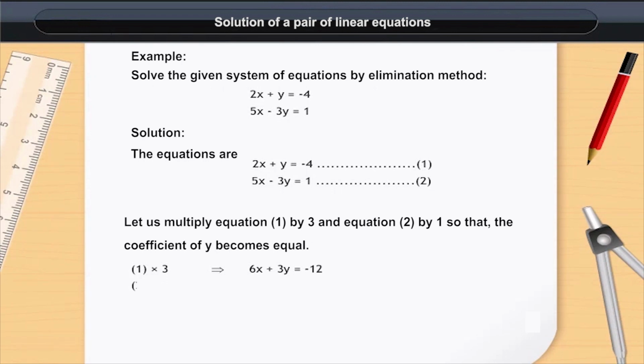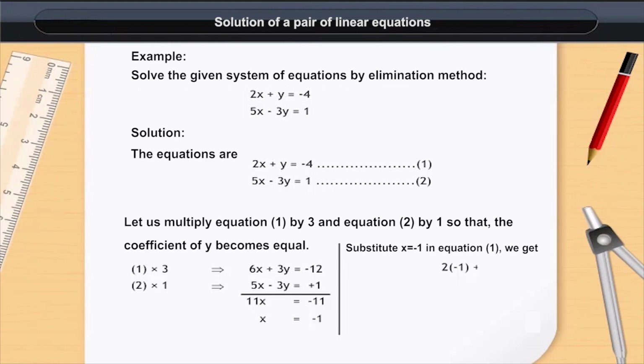1 into 3: 6x plus 3y is equal to minus 12. 2 into 1: 5x minus 3y is equal to 1. Adding, 11x is equal to minus 11. x is equal to minus 1. Put x is equal to minus 1 in equation 1.